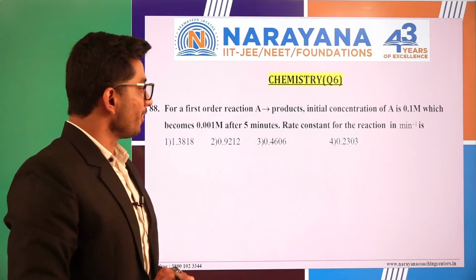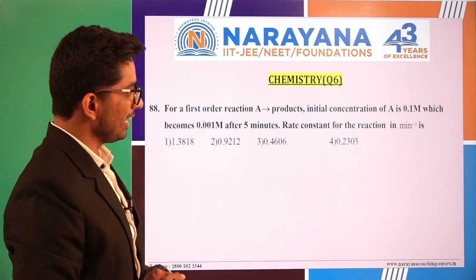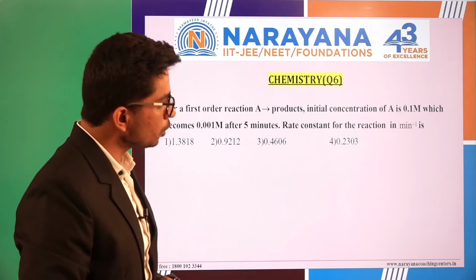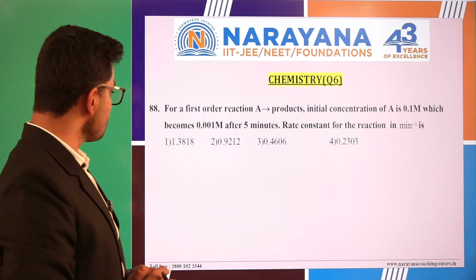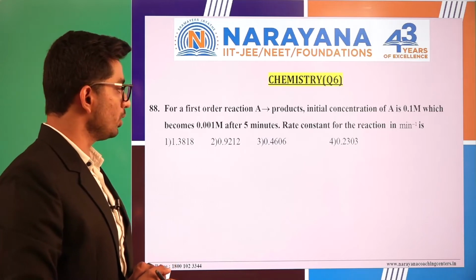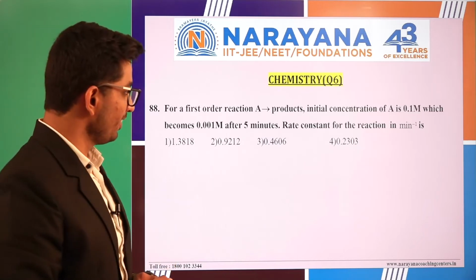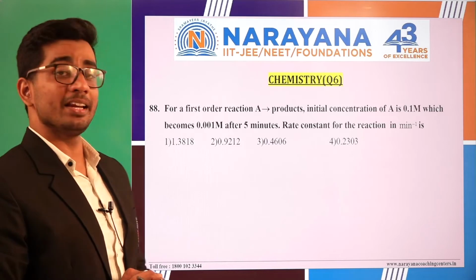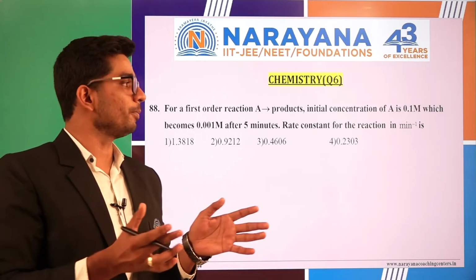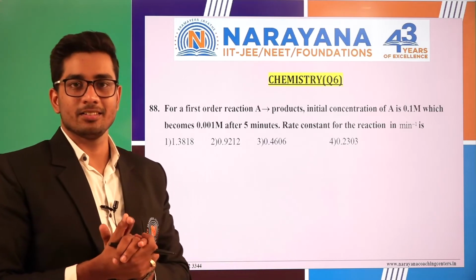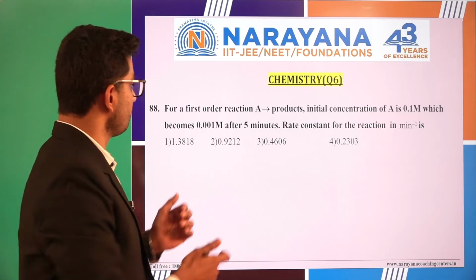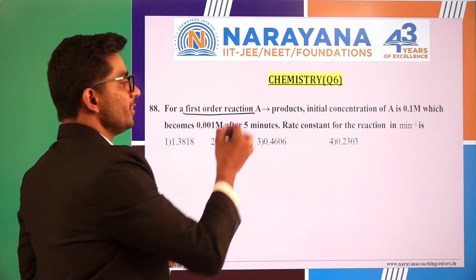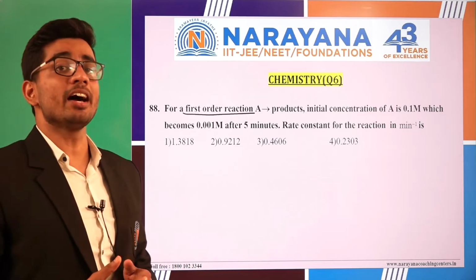For a first order reaction A to products, initial concentration of A is 0.1 molar, which becomes 0.001 molar after 5 minutes. Rate constant for the reaction in minute inverse is. So basically from chemical kinetics, that is simply from the first order part. Let's check what data we are given with.